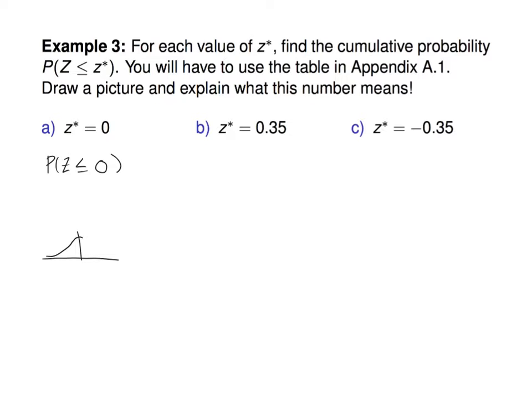You have this bell-shaped curve. The mean is equal to what? 0, because it's been standardized. And actually, this one you can do without your table. The chance that some random value is less than 0 is the area under that curve from 0 to the left, and that's 0.5.